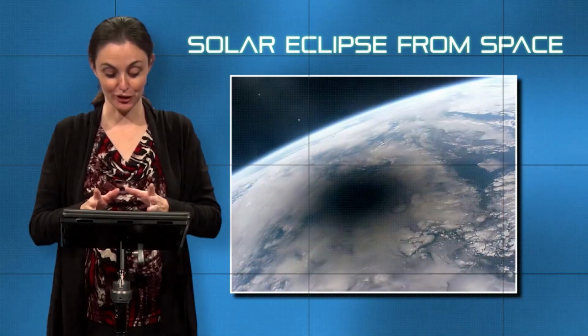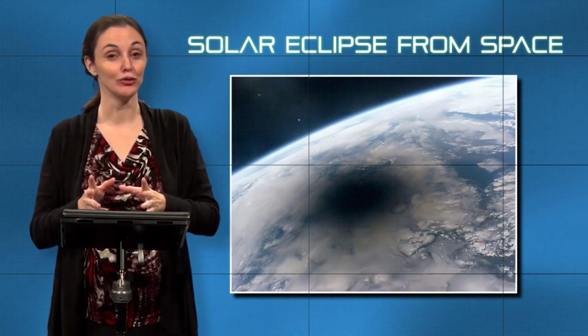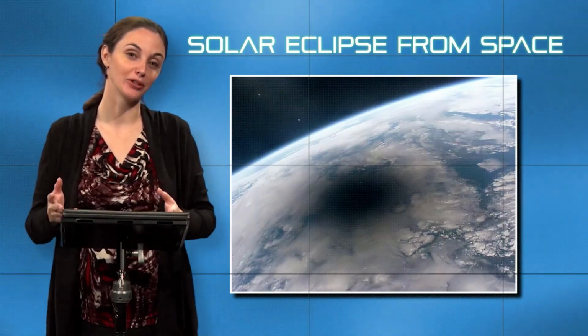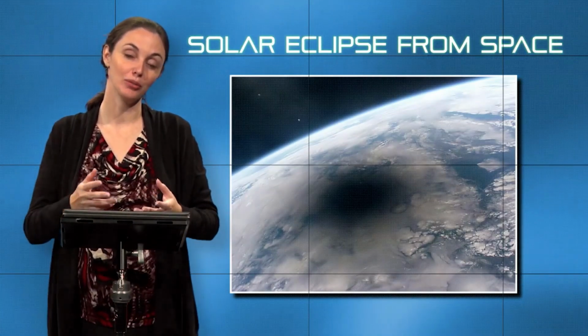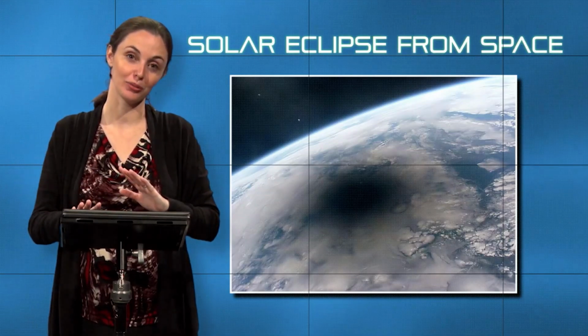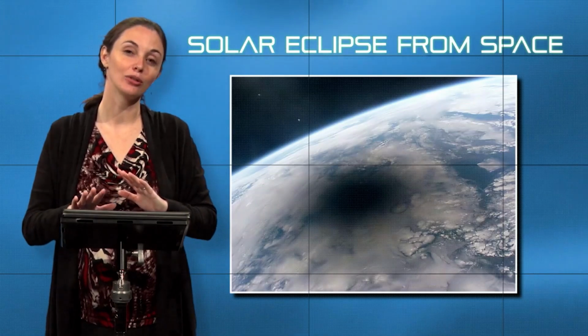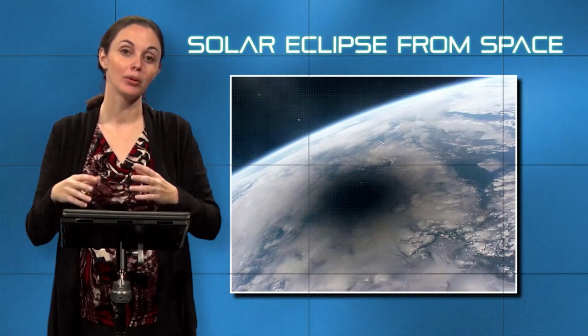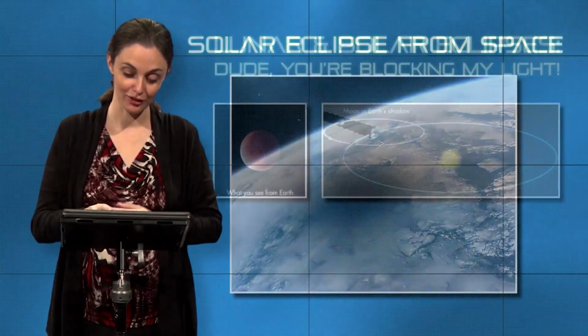This is a really cool picture of a solar eclipse as viewed from space. And it gives you, again, a little bit of an idea of what's making this possible to begin with. It's just the moon getting in the way of light reaching the planet, casting a shadow down onto the planet. And that shadow is only going to affect a small swath of the surface of the Earth because the moon's a relatively small object.